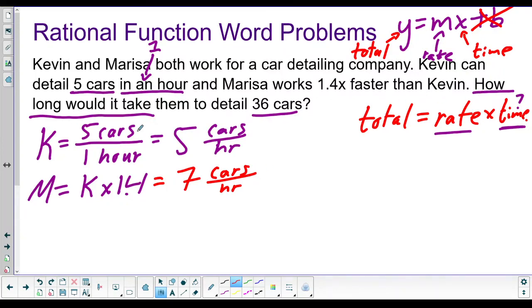Now we want to know how long would it take them to detail 36 cars. Because they are both working together in conjunction, we add their rates together to get our total rate. Total rate equals Kevin's rate plus Marissa's rate. And this is not 100% true for everything in the whole world.